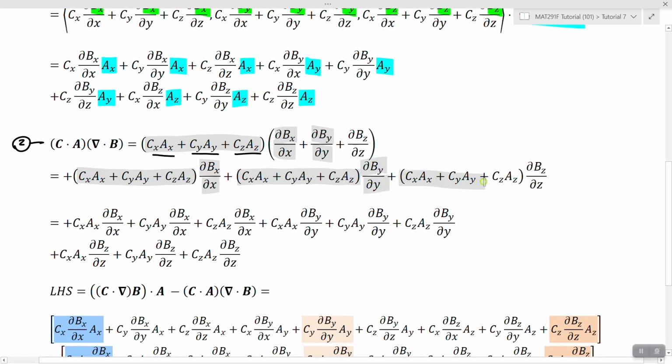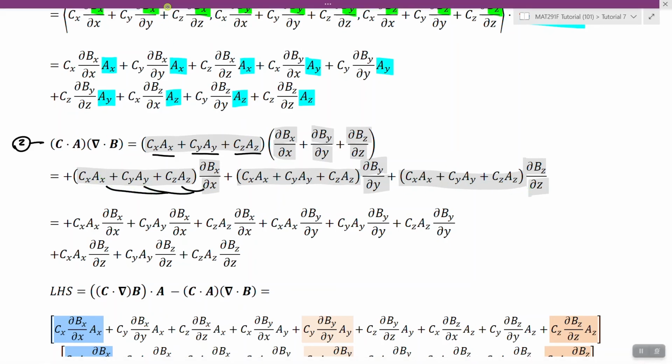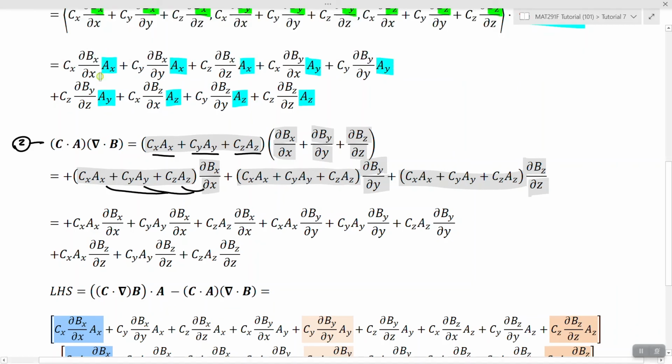And then again, that same thing multiplying partial z bz. Next, I just expanded out all of this, and same for all the other terms. Let me just convince you that I did this correctly.